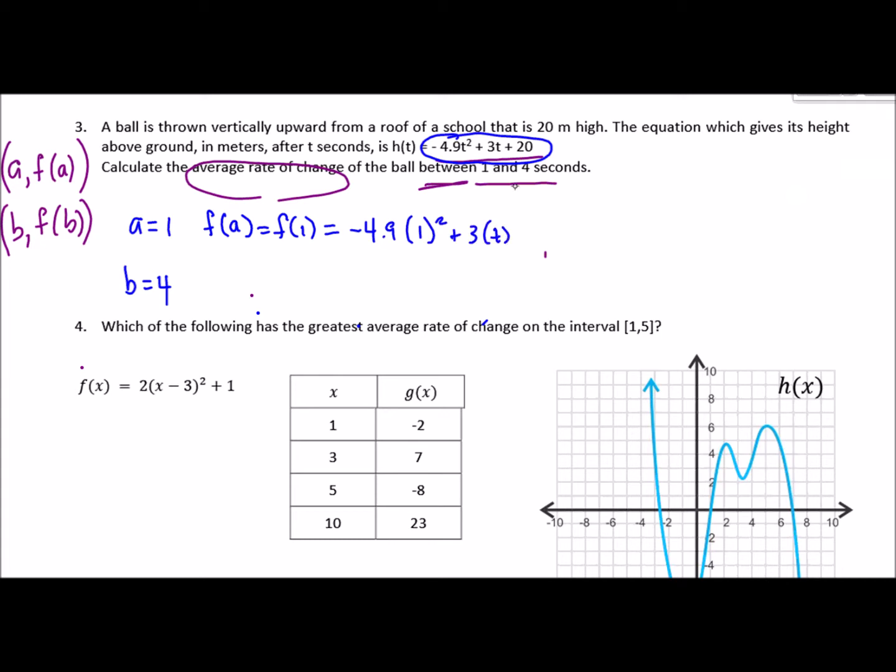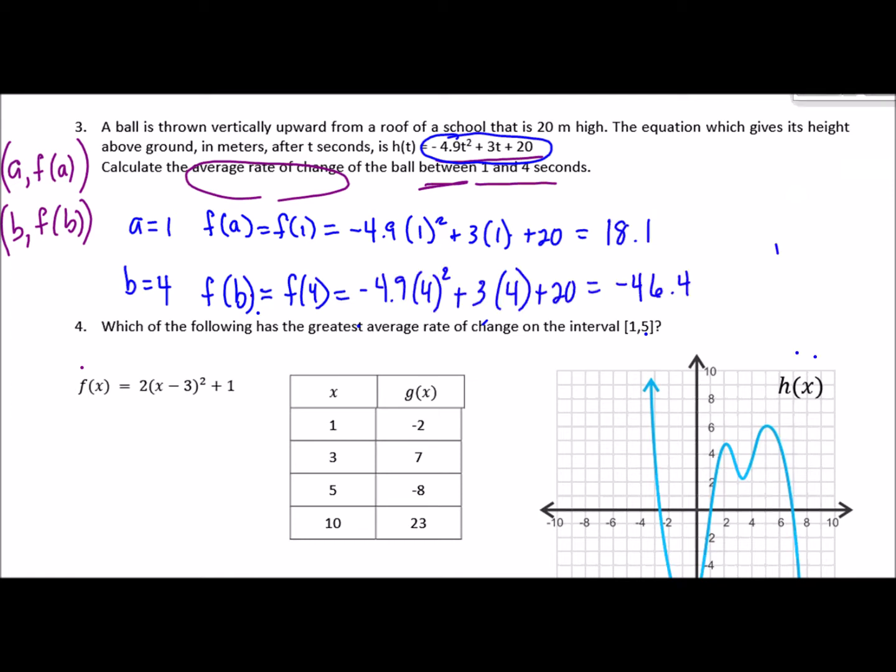Okay, we'll get that value in a minute. So down here, to find f of b, that means find f of 4. Calculator and all that stuff.